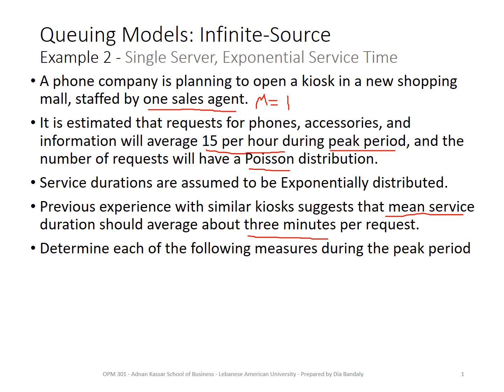What is the arrival rate? What's the service rate? And is it single or multiple? It's very important. Once you do that, it's only a matter of plugging figures into the formulas that are given to us. So let's find the first one, lambda.